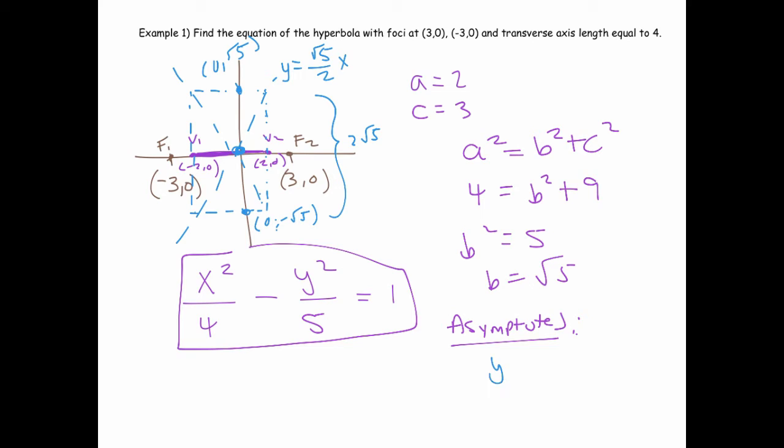So there's one asymptote, and the other one would be, again, starting from the origin going down root 5 and right 2.